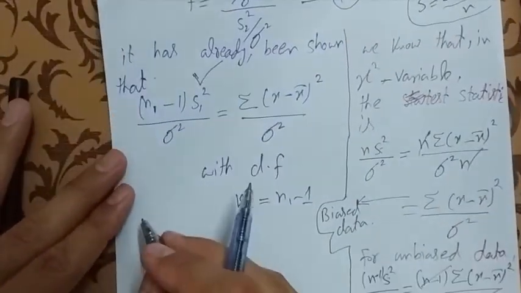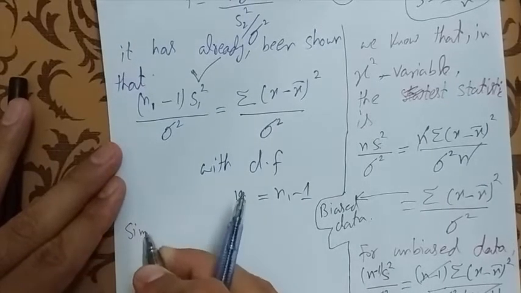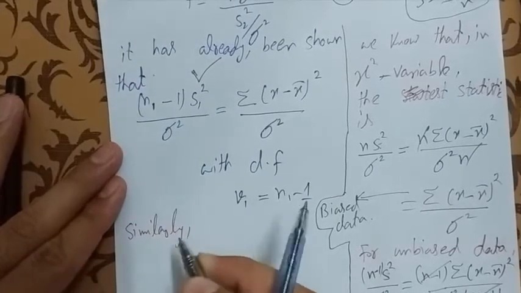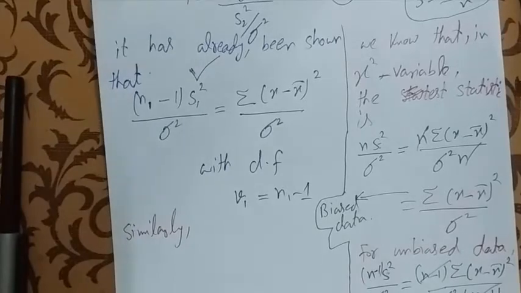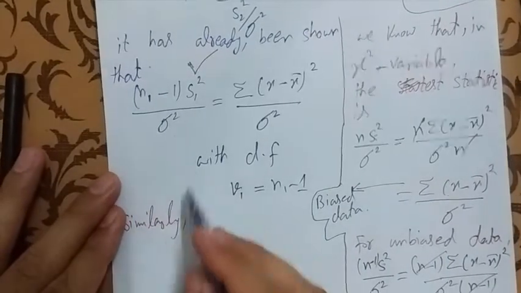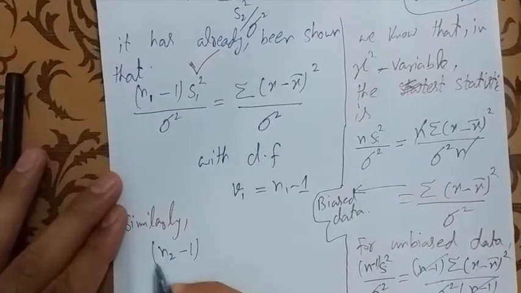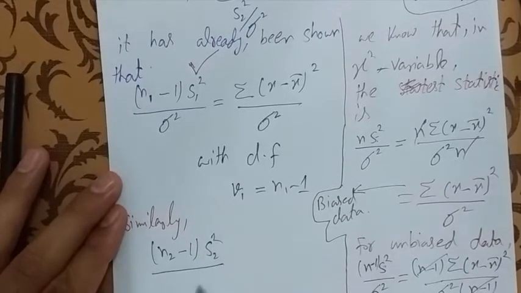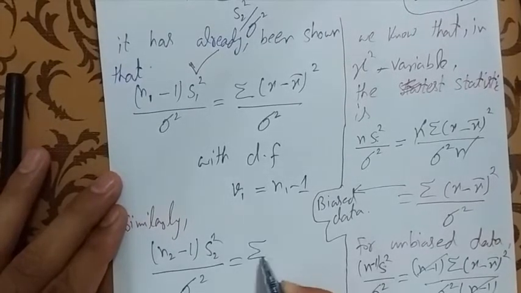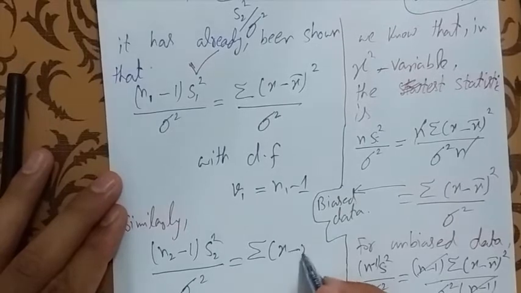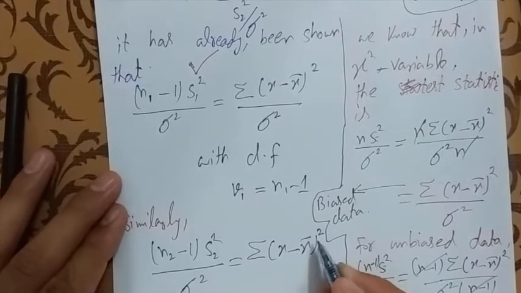Similarly, (n2 minus 1) s2 square over sigma square is equal to summation (x minus x bar) whole square.